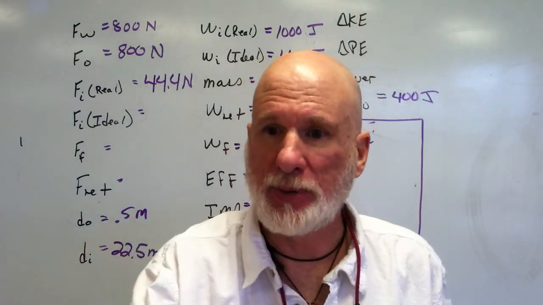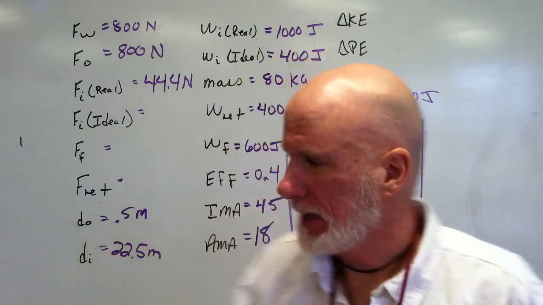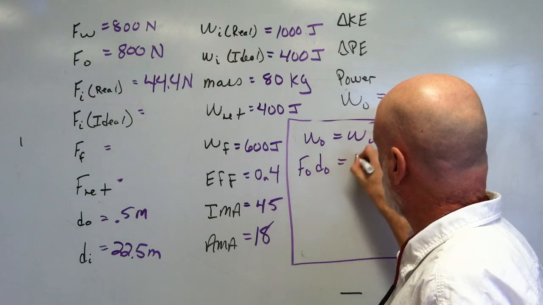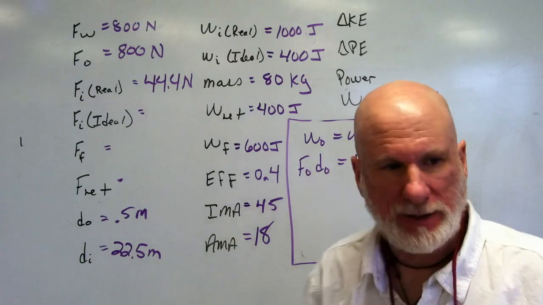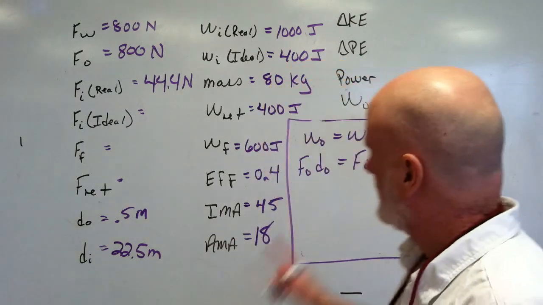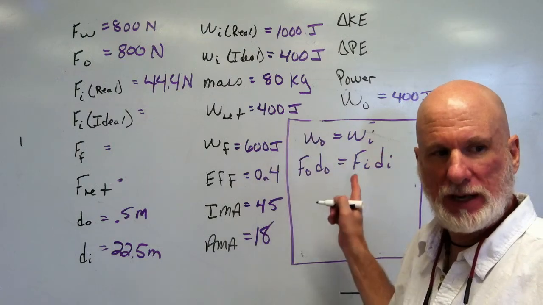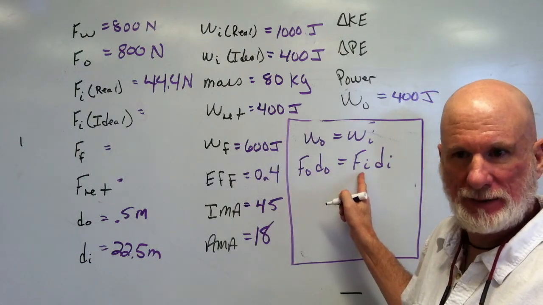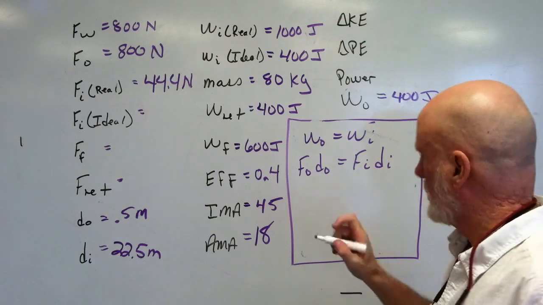Now, FO DO equals FI DI, is that correct? We're looking for FI ideal, and this is the ideal machine equation. So when we calculate that FI, that will be the ideal, correct? Yes, okay, good.